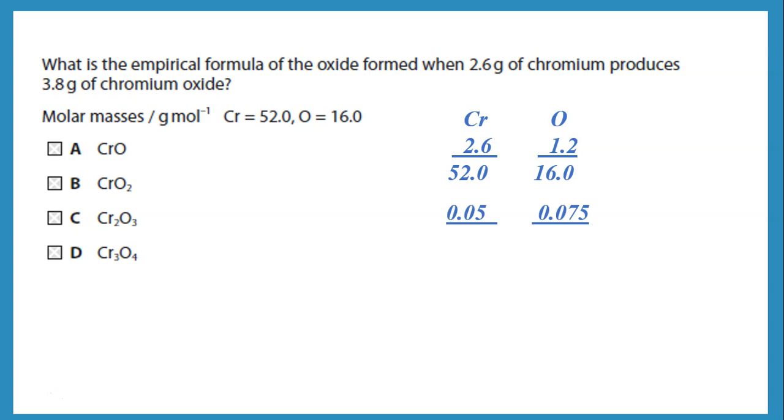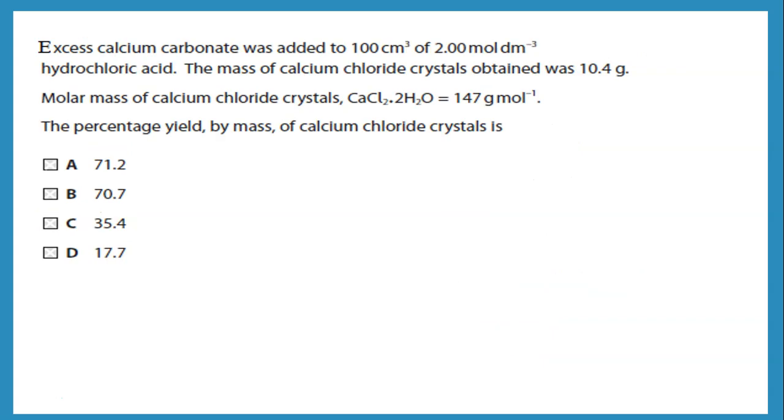What comes out, we divide by the smallest. Now what do we get? We're going to get 1 to 1.5. The 0.075 divided by 0.05 is 1.5. Please don't say it's 1 and don't say it's 2. Don't round up or round down. We multiply through by 2, then it comes out 2 to 3. That means my empirical formula is Cr2O3. Are we okay with all of that?